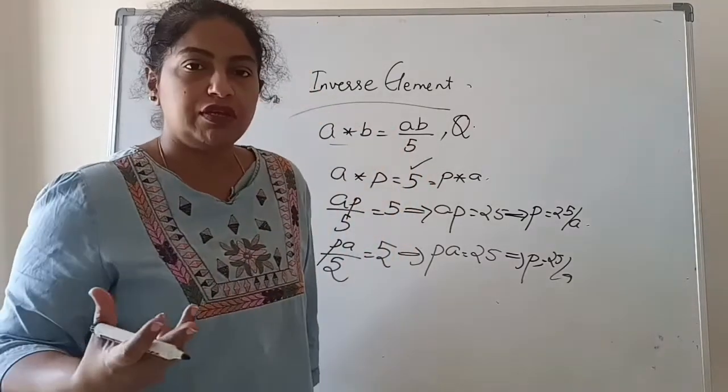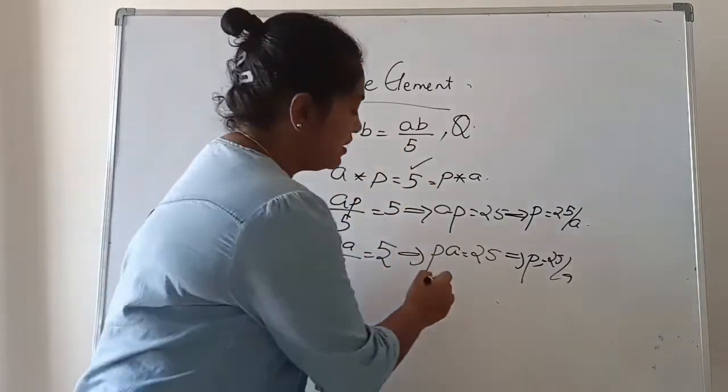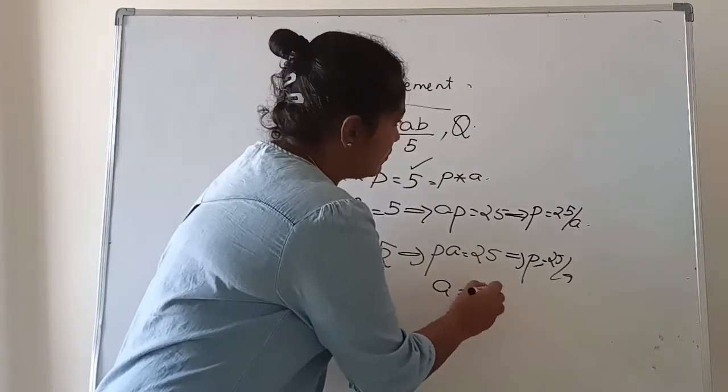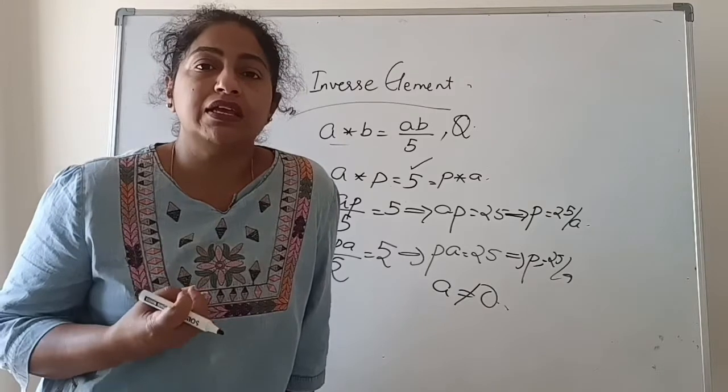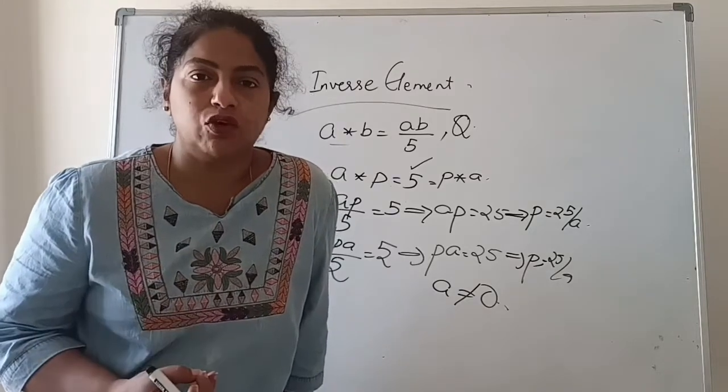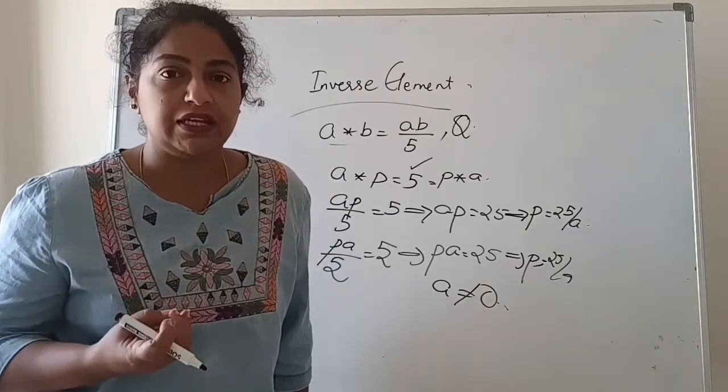But there is a condition over here. What is the condition? The condition is that A cannot be equal to 0. So, what can I say about the invertibility or the existence of this binary operation?